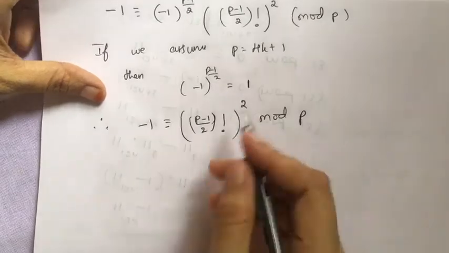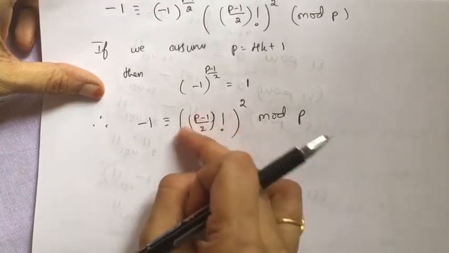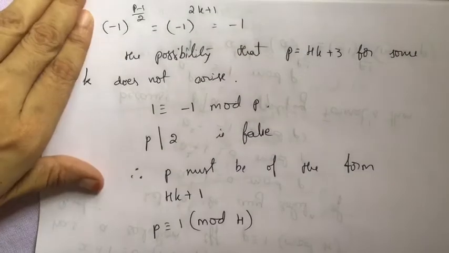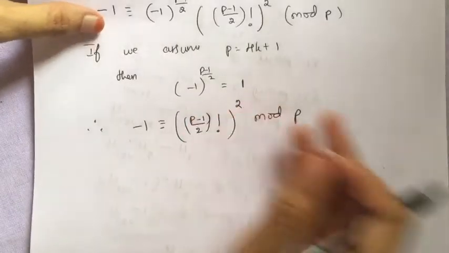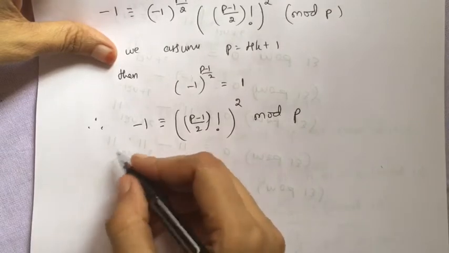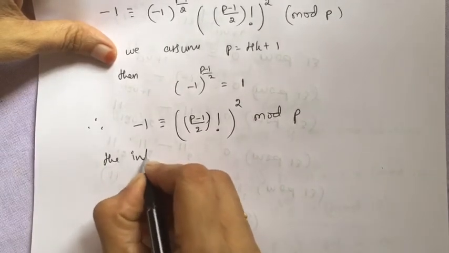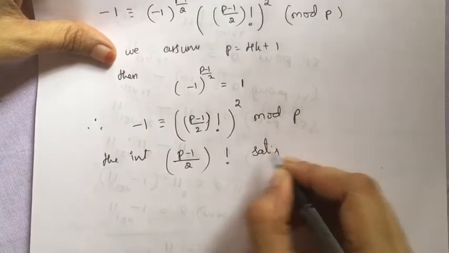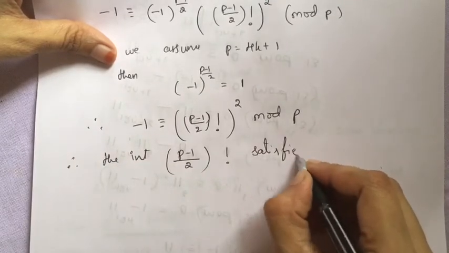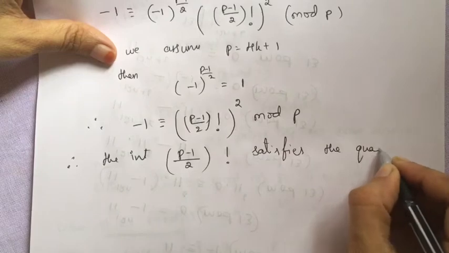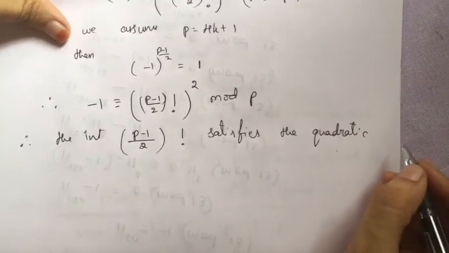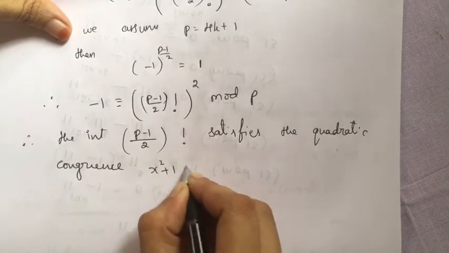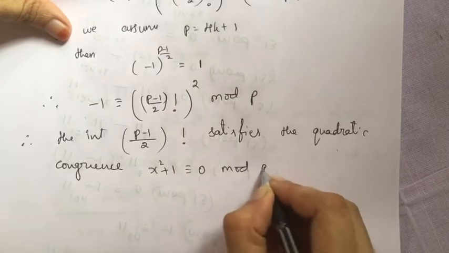Now see, this is nothing but x square. If you take this as x, then when you take it to this side, it becomes x square plus 1 is congruent to 0 mod p. So the conclusion is that the integer ((p minus 1) by 2) factorial satisfies the quadratic congruence x square plus 1 congruent to 0 mod p.